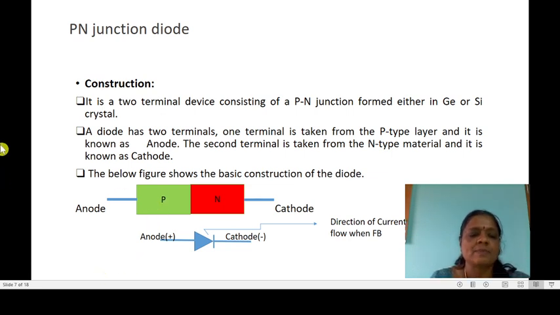Half of that semiconductor is doped with P-type material and the other half is doped with N-type material. Then we get the PN junction diode, and the terminal taken from the P-type is called the anode, and the terminal taken from the N-type is called the cathode.